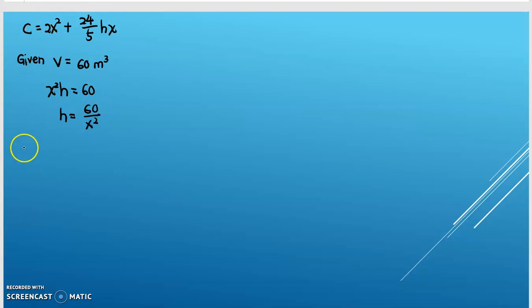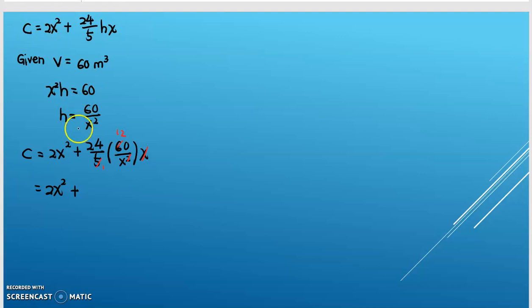So from here, our cost will be equal to 2x squared plus 24 over 5 times h, where h is 60 over x squared, times x. So here is 2x squared plus, if I try to simplify, x can be cancelled out. Here is 1, here is 12.